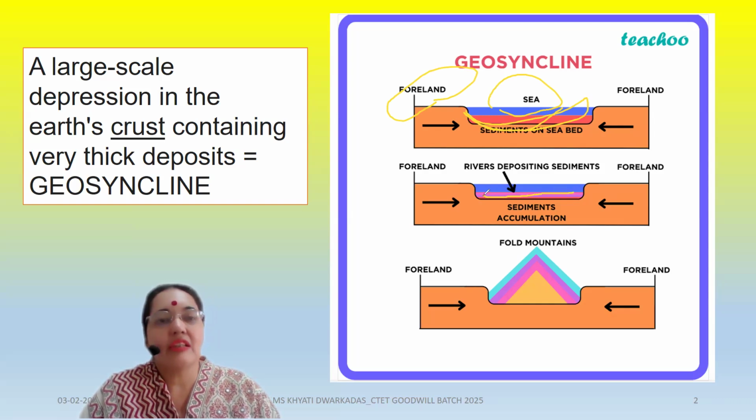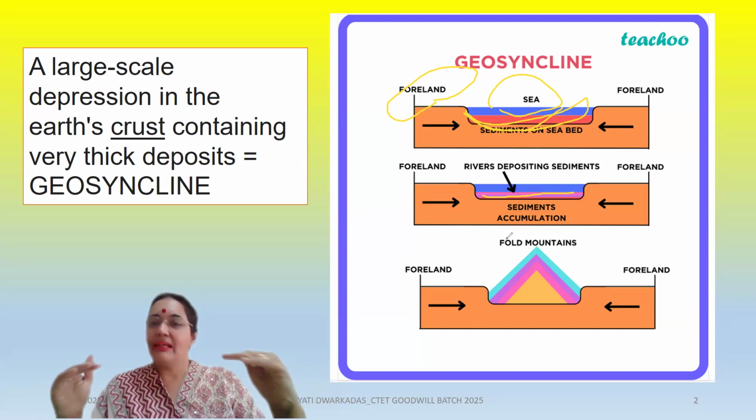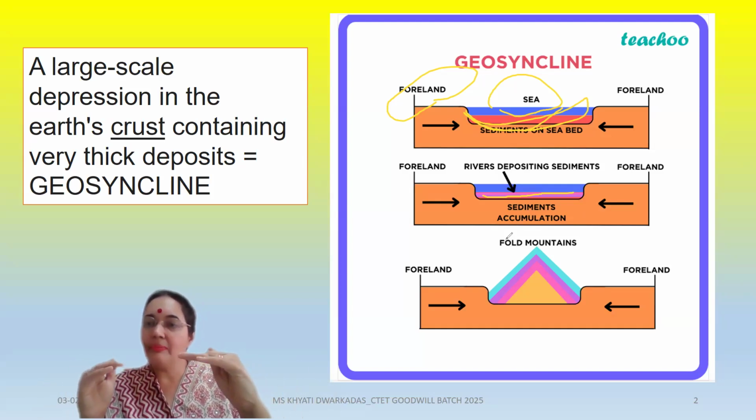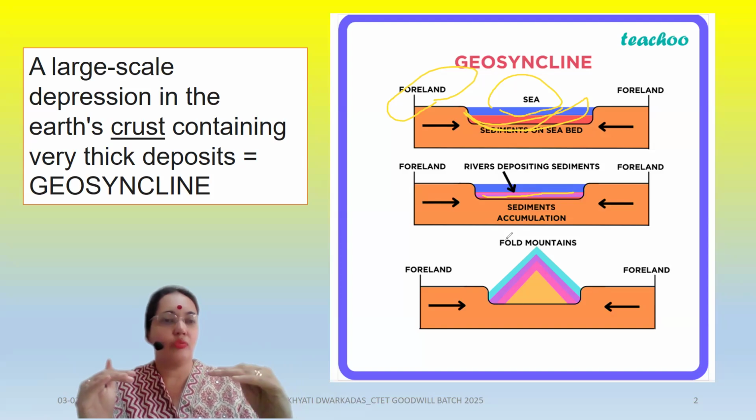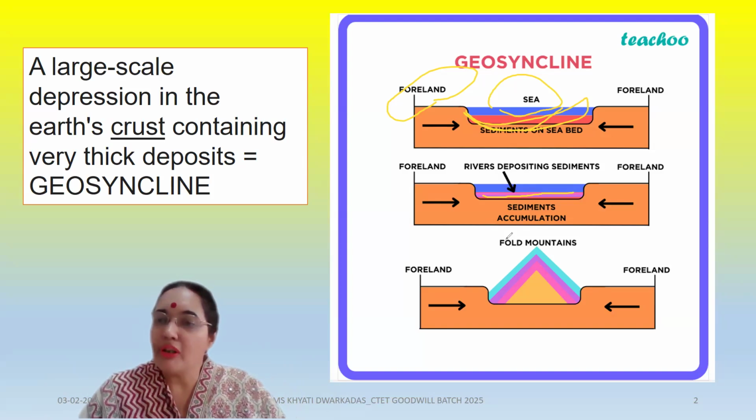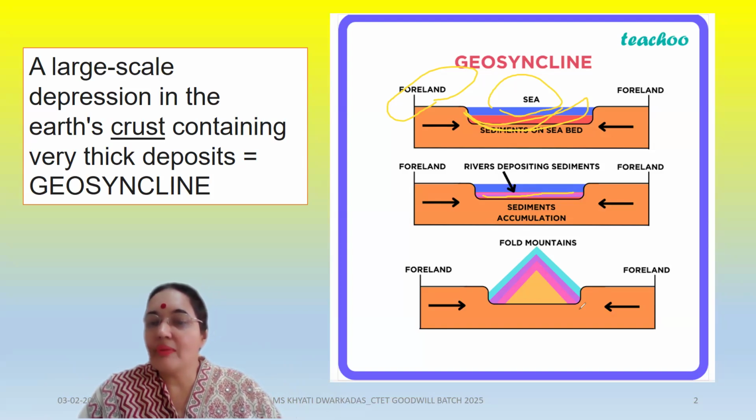These sediments start depositing here, and as the deposition increases, I told you last time too, the plates converge, they come towards each other. In the process, you can always see that the fold mountains, when these two plates come towards each other, the plates converge and a fold mountain is formed here.